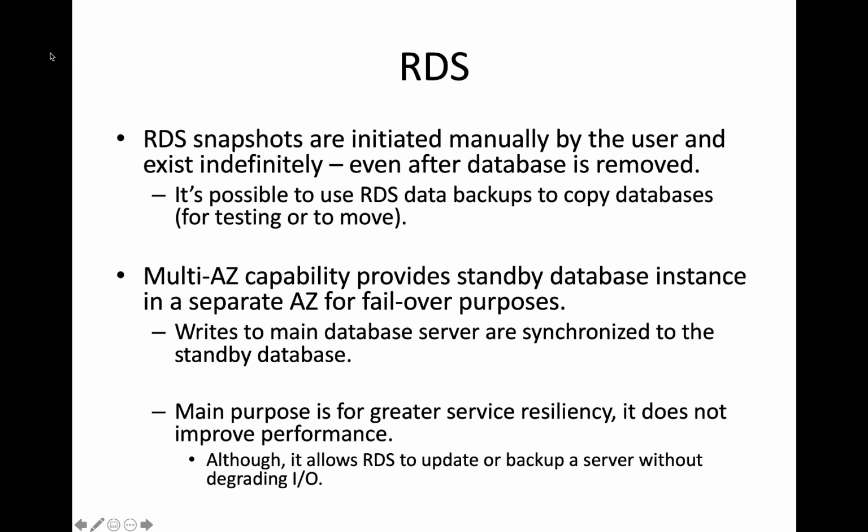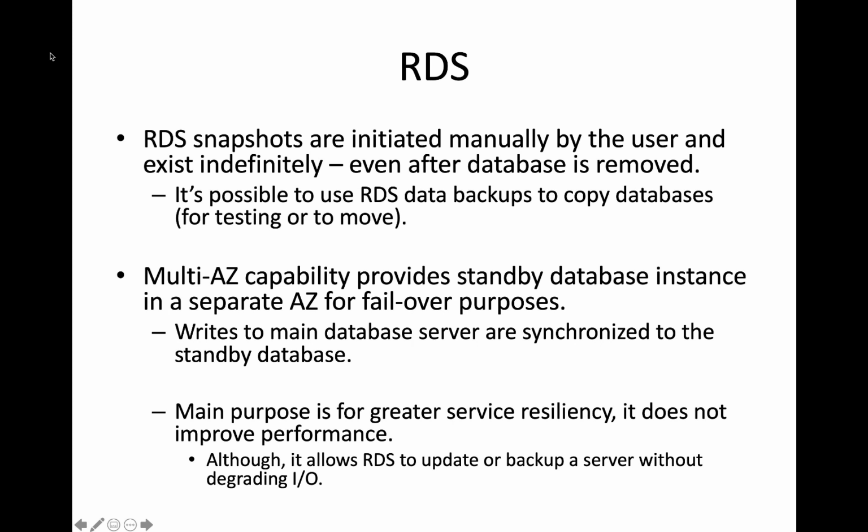And so when we deploy our databases, especially in a production architecture, and we need to support a highly resilient and highly available application, we want to deploy our database service into multiple availability zones.